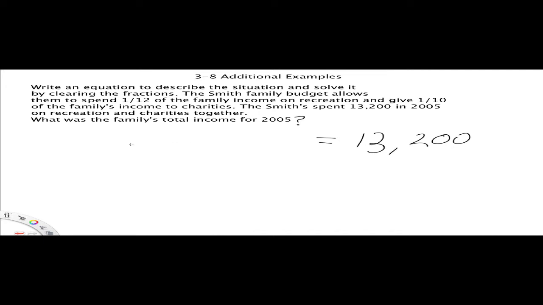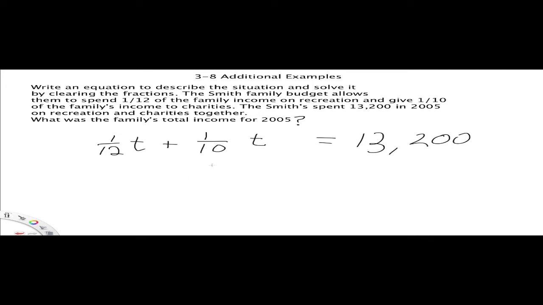So that total amount they spent was that amount, and that would give them, let's see, 1/12 of their total income plus 1/10 of their total income is equal to 13,200, right? So that's what they spent together on that, and together one of them was 1/12, one was 1/10, and there we go.